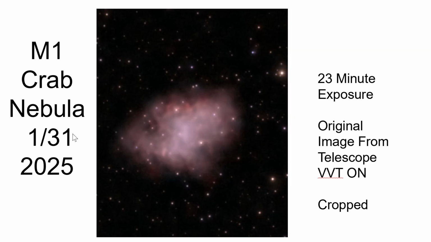And now back to 2025 with the VVT on, and you can see the cropped image and the stars look a lot more round. We've got better color in the nebula. And again, no image processing has been done to this image. This is original, other than cropping. There's no editing that has occurred for this image.